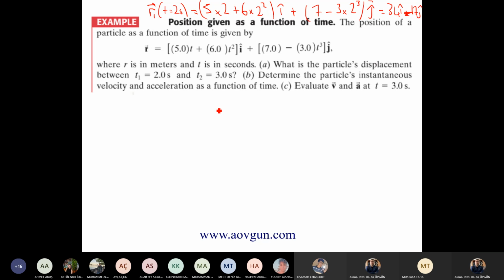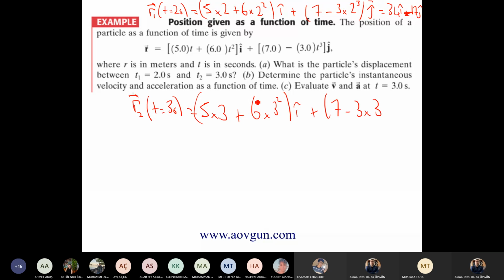Now you must also find the position vector at t equal 3 seconds. How can you find it? This time you must put 3 inside: 5 times 3 plus 6 times 3 squared i hat, plus 7 minus 3 times 3 cubed j hat.